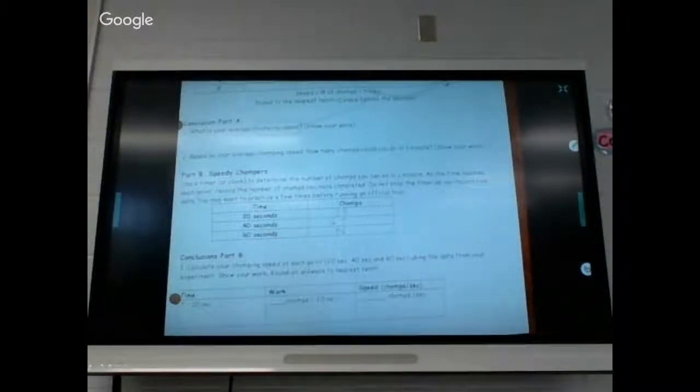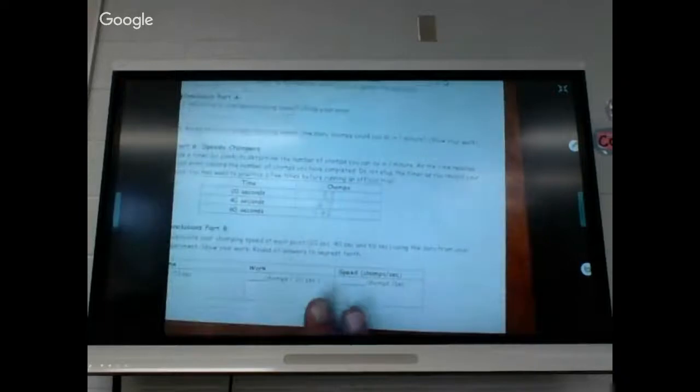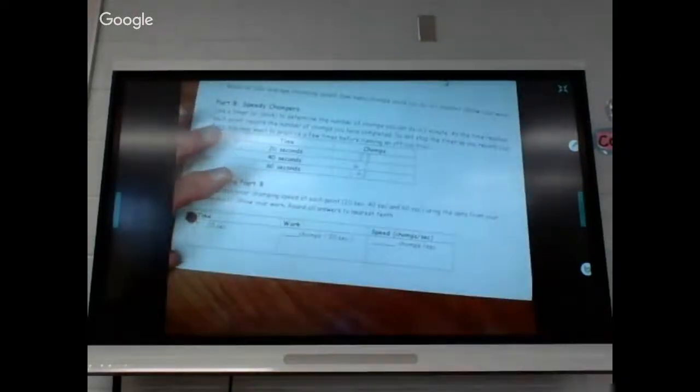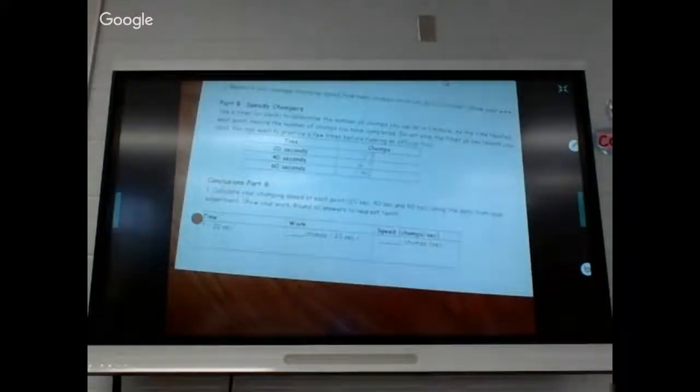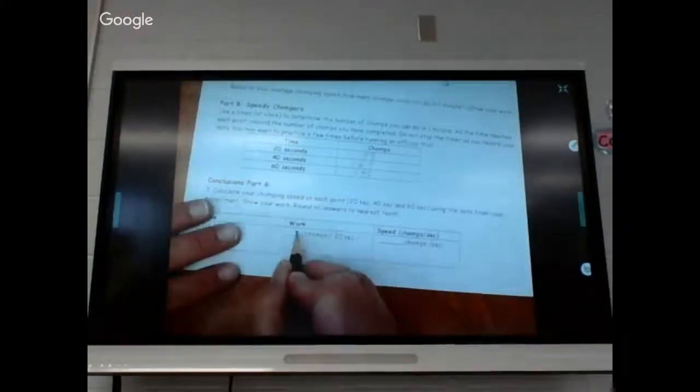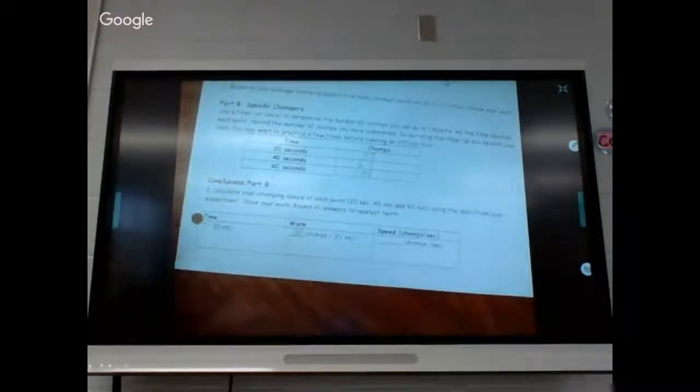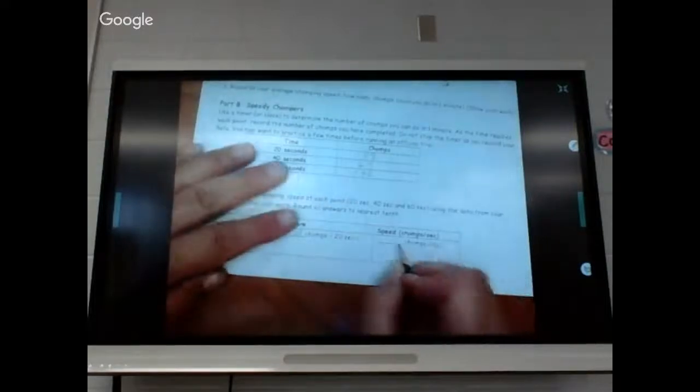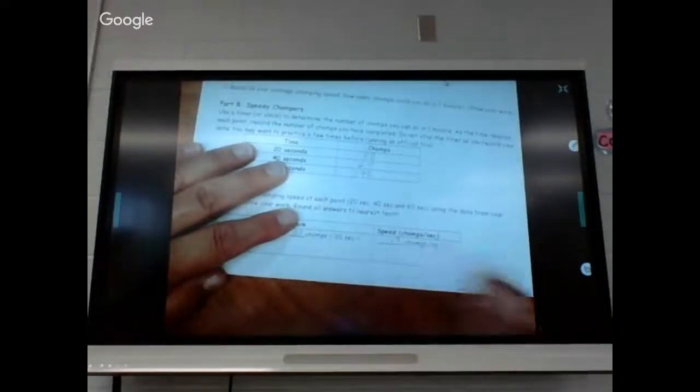206. I choose 111. Now, when you get down here, most of y'all shoot slower, it's okay. When you get down here, you're going to take those numbers and calculate your speed. So 38 for this wall divided by 20, and I get 1.9 chomps per second.